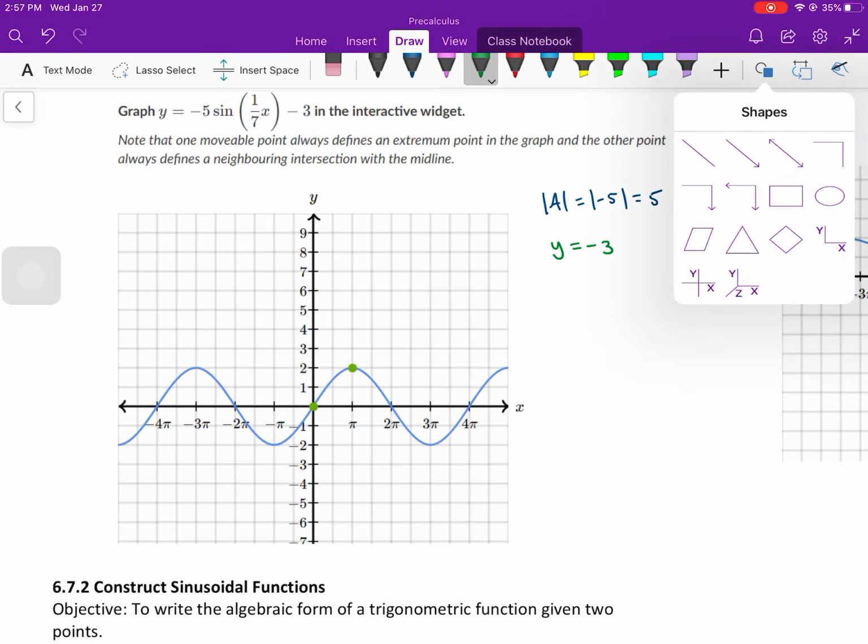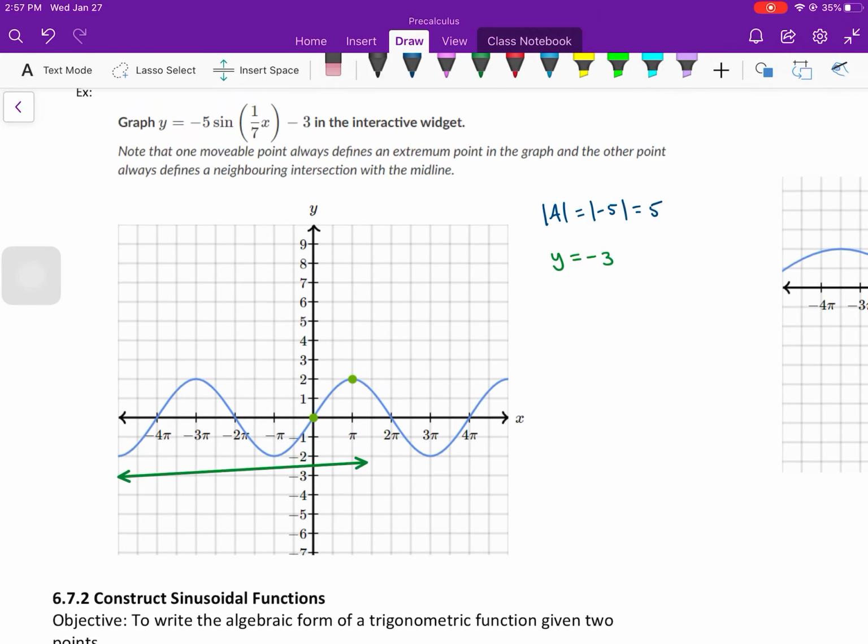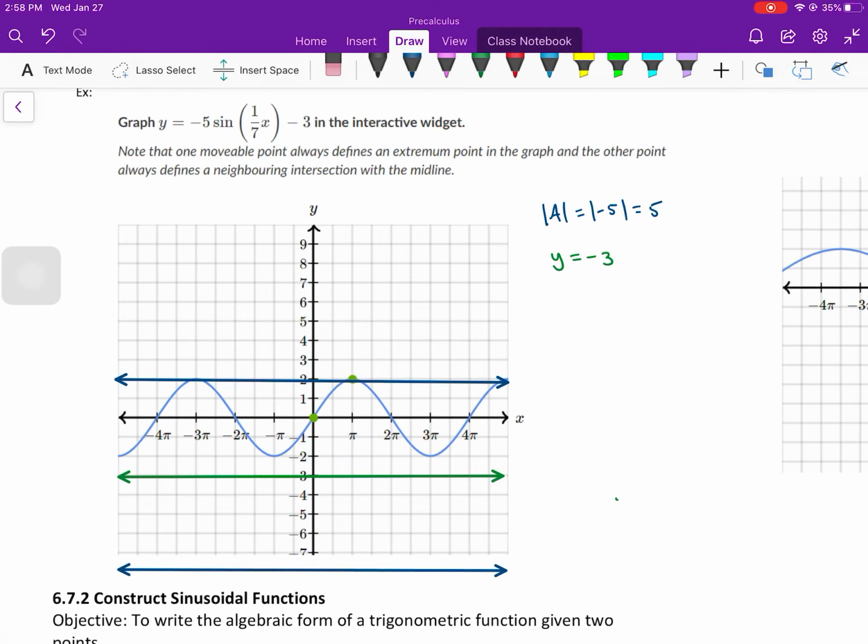So let me start by graphing that. And then remember, we're going to be up 5 from there. So our maximum for the graph will be here. And we'll also be down 5 from there, which will be at -8 right there.